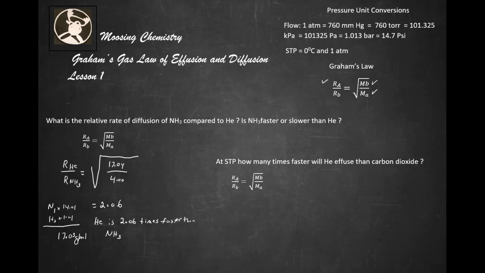Now let's look at the second problem here. At STP, how many times will helium diffuse faster than carbon dioxide? Well, let's go ahead and look at that here, guys.